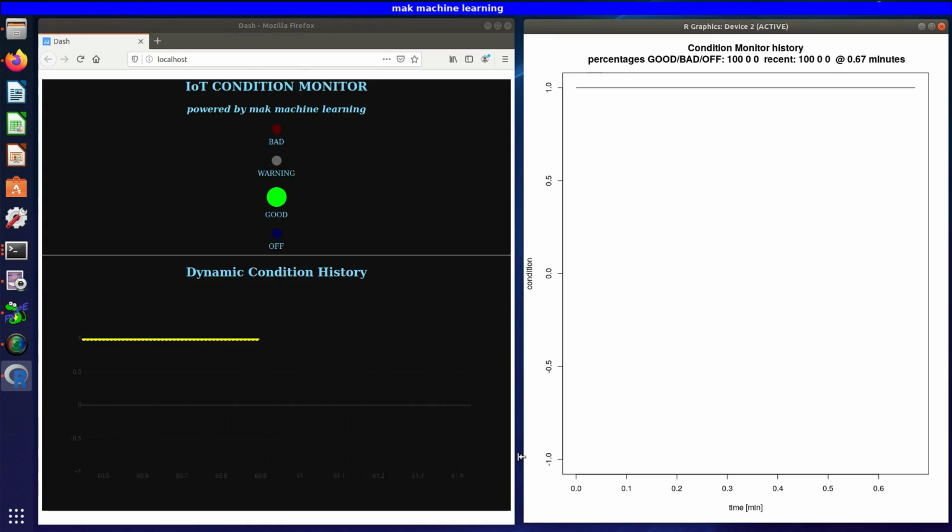The graph shows a constant line at +1, which means 100% condition good.